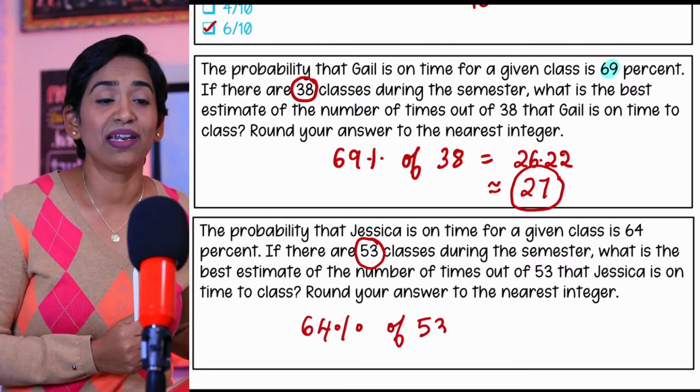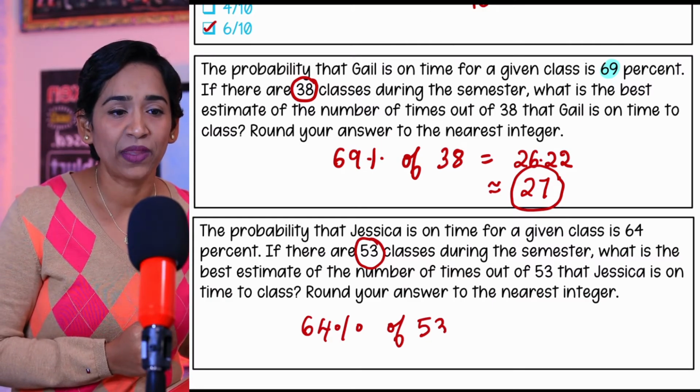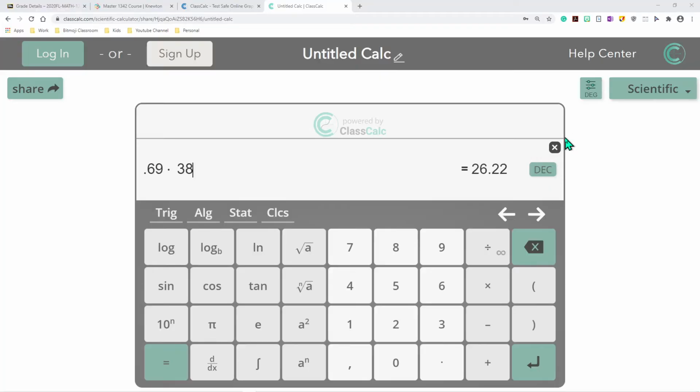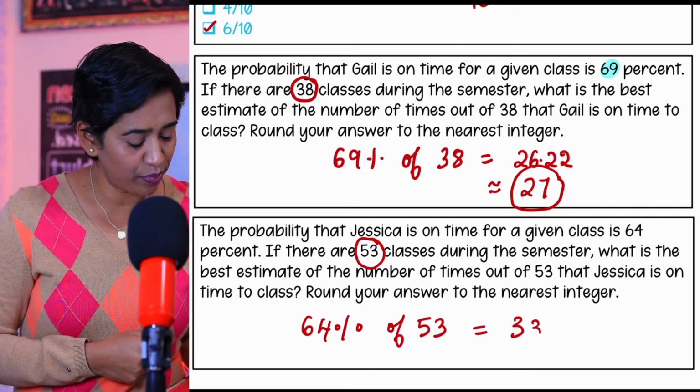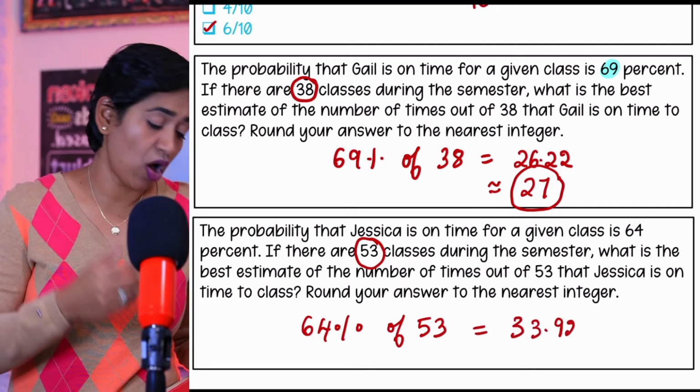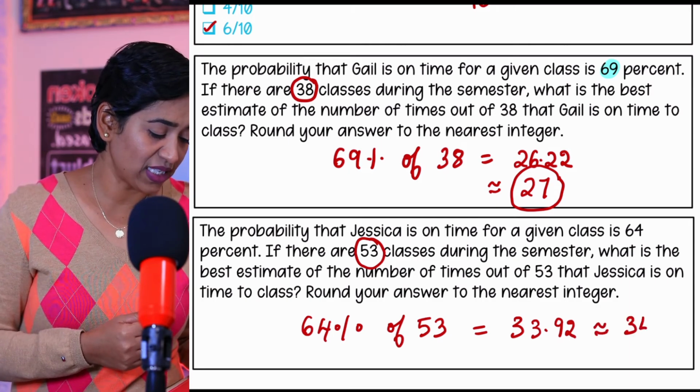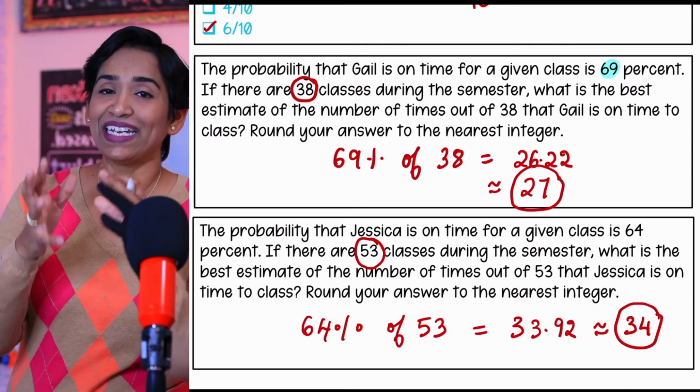Let's plug this into our class calc. 64% in decimal is 0.64 times 53. So it's 33.92. Rounding off, she comes to class 34 times on time.